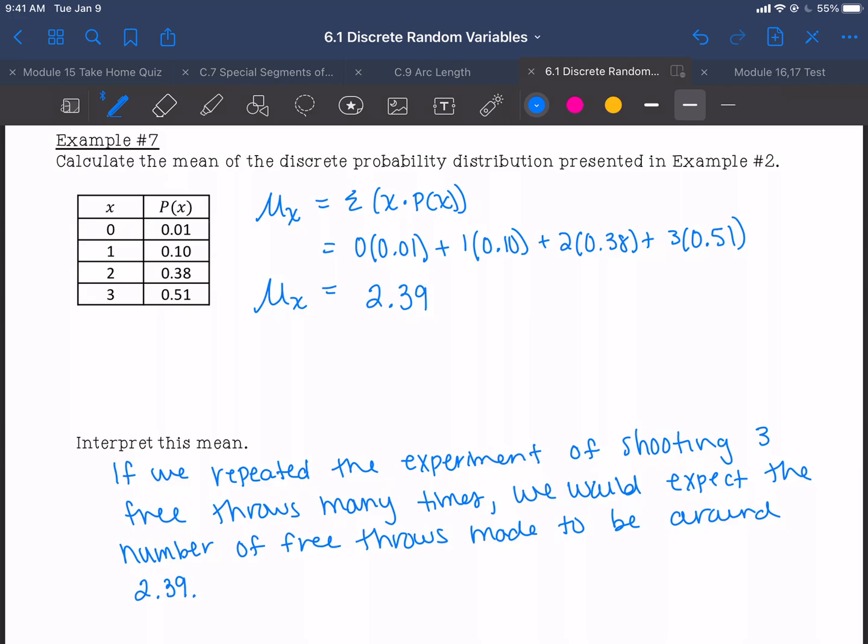It's obviously not going to be every single time, but we know the more we do something, like the law of large numbers says, the closer it gets to that theoretical or actual probability. It's a similar idea here. It's going to approach that mean of 2.39.